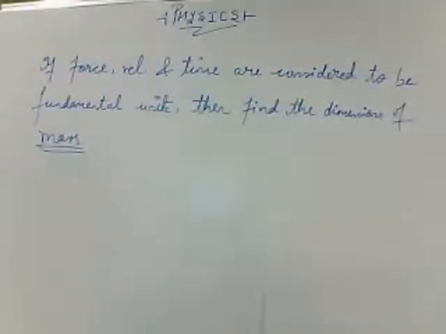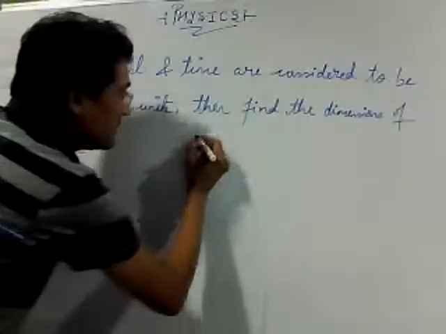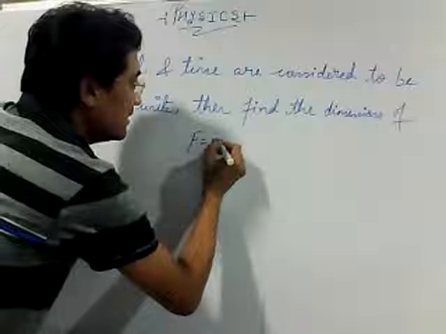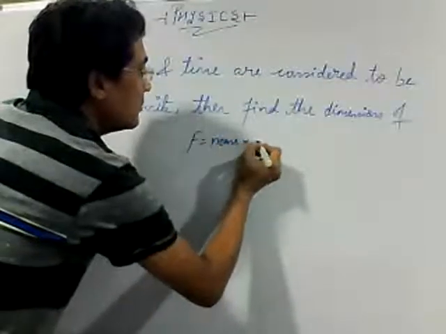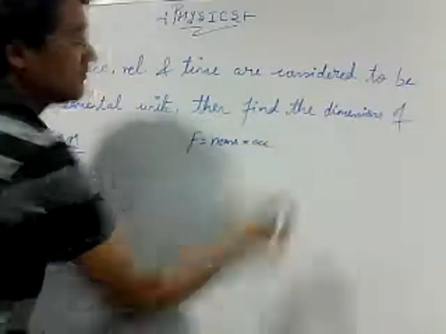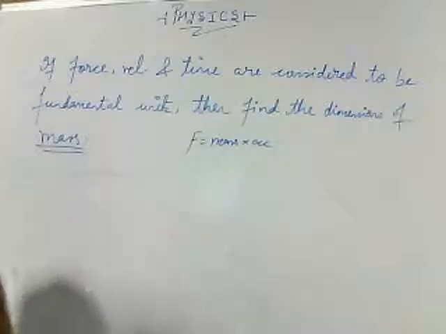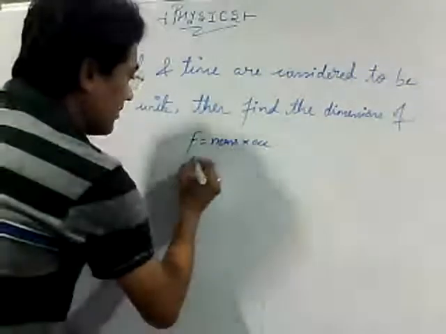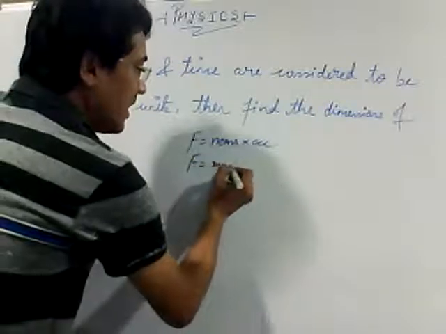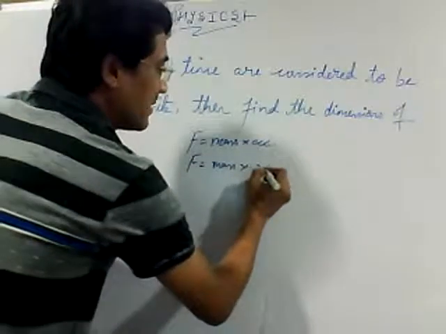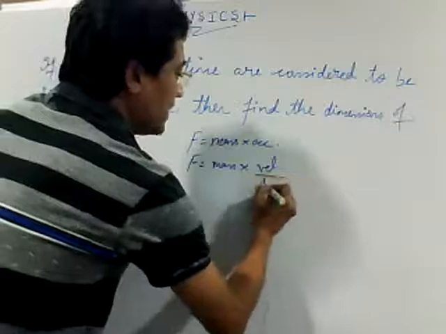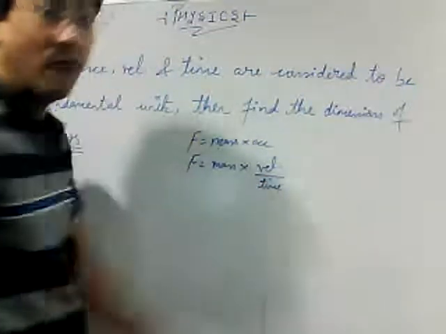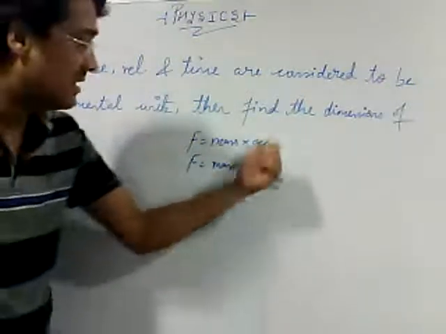Let's go to the simple expression for force. What is the expression for force? Force is mass into acceleration. I can also write it as force equals mass multiplied by acceleration, which is velocity divided by time. Why have I taken acceleration as velocity by time?